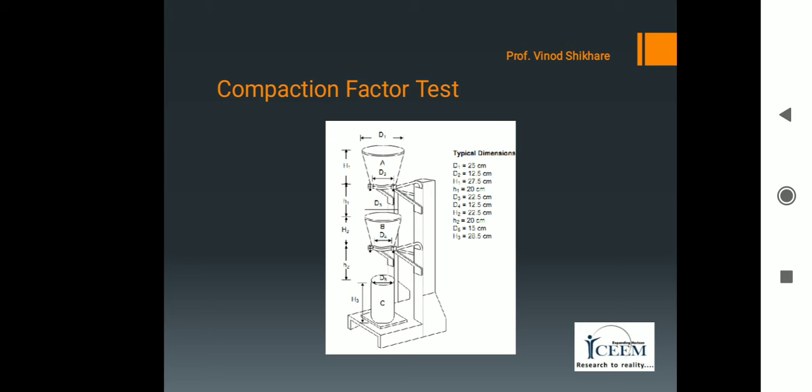For such concrete mixes, it is difficult to measure the workability by the slump test, as they do not give any slump. This test is primarily designed to test the workability of concrete mix in the lab, but it can also be used at a site.